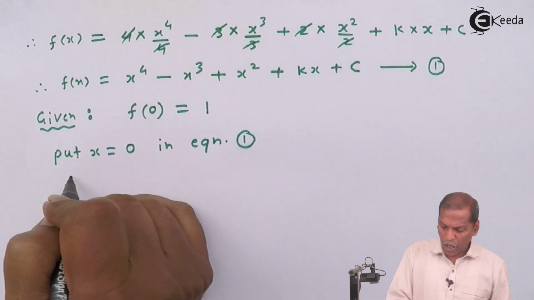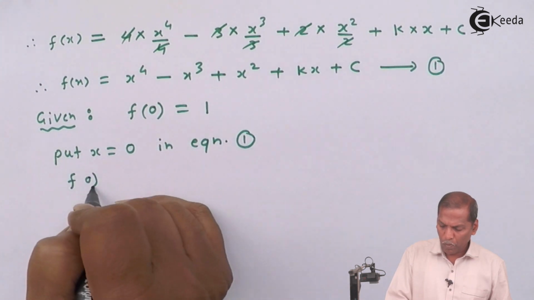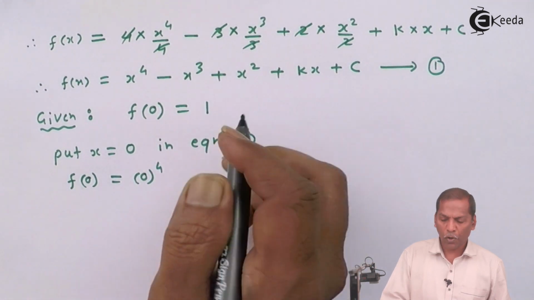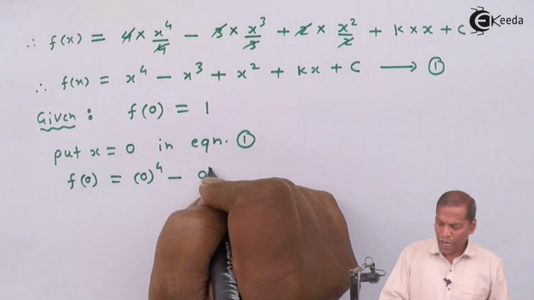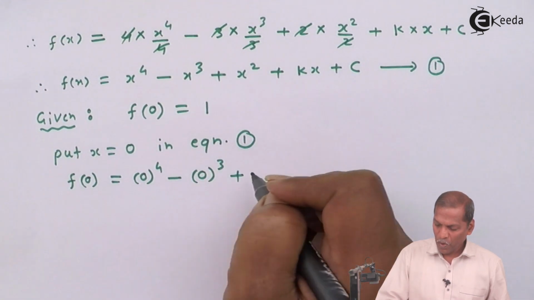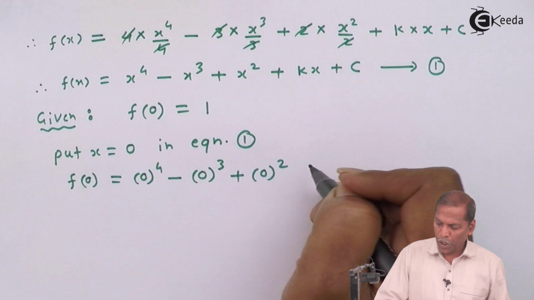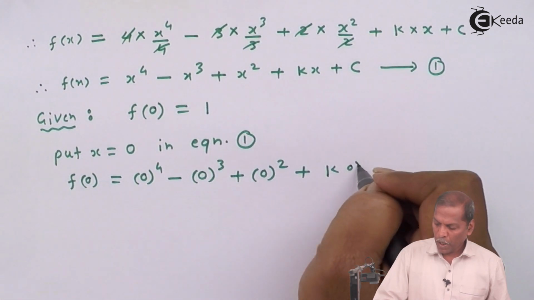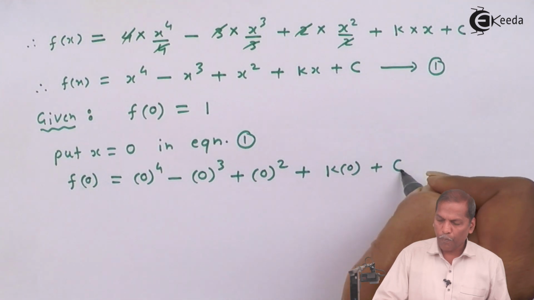So we get f of 0 is equal to 0 raised 4 minus 0 cube plus 0 square plus k into 0 plus c.